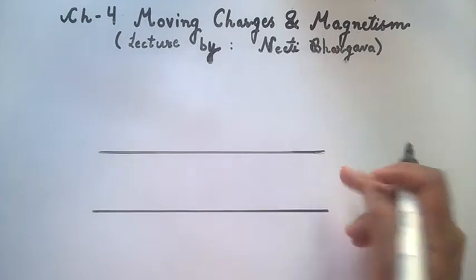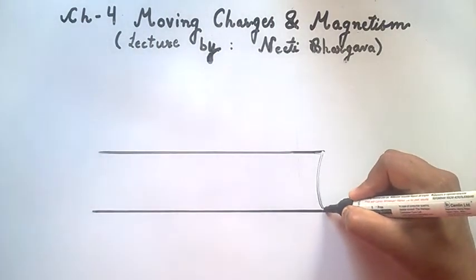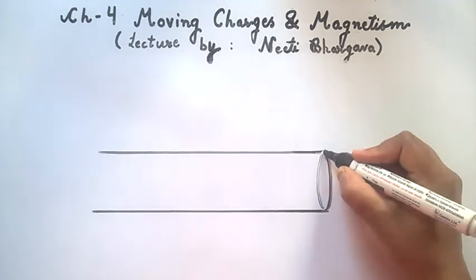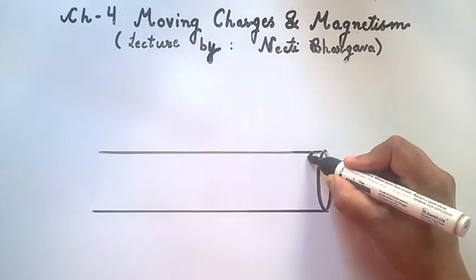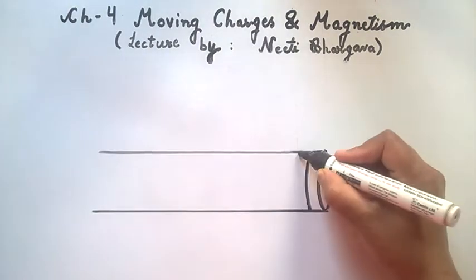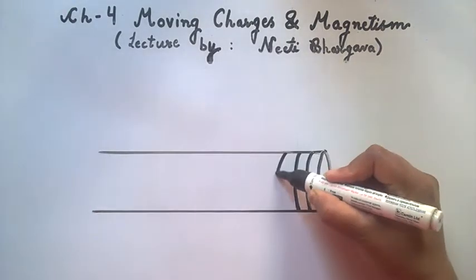And when we are talking about an ideal solenoid, the ideal solenoid has many circular turns, n number of turns, and it only produces a magnetic field inside the circular turns, and outside it is zero.